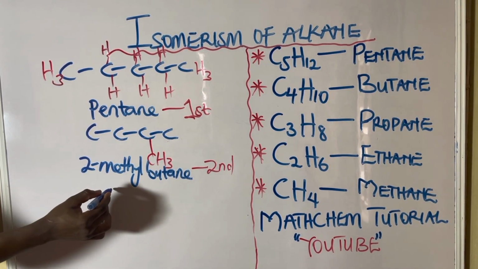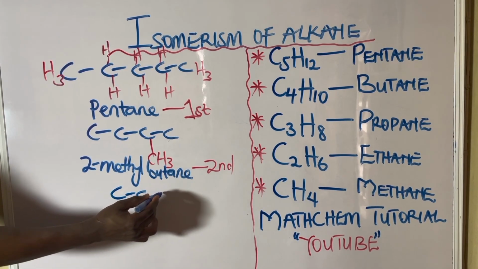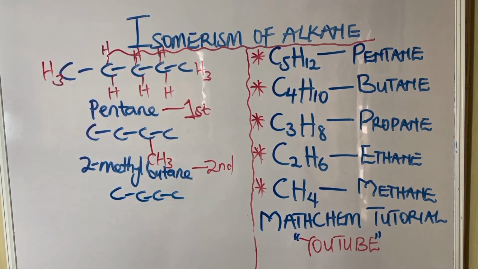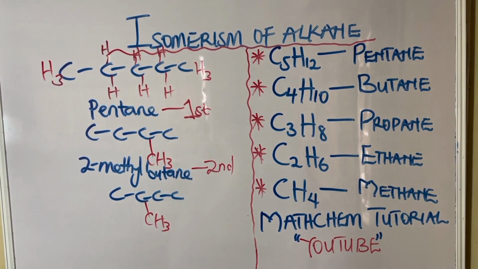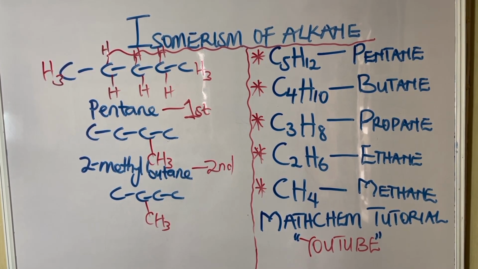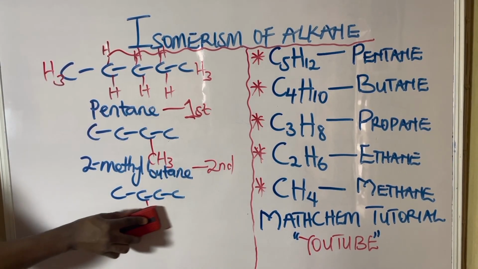If I still have this carbon atom here, 1, 2, 3, 4, then I put this particular CH3 here like this, this name will still be 2-methyl butane. What do I do next? If I clean this one here, let me rub it off.